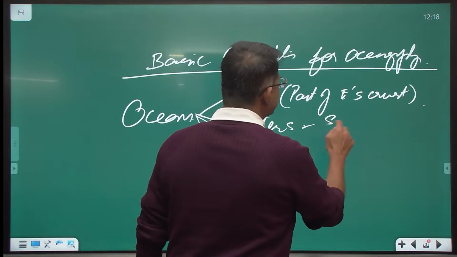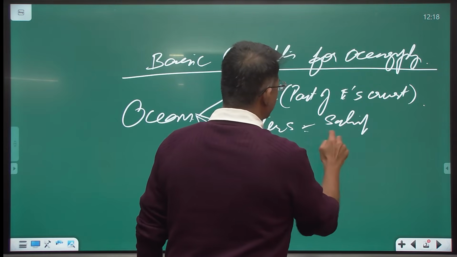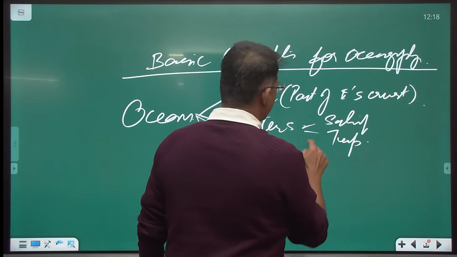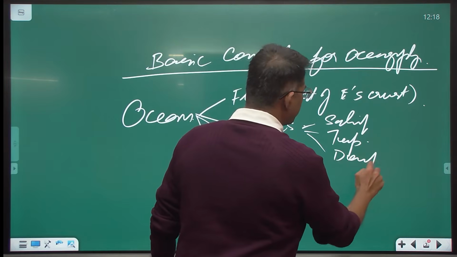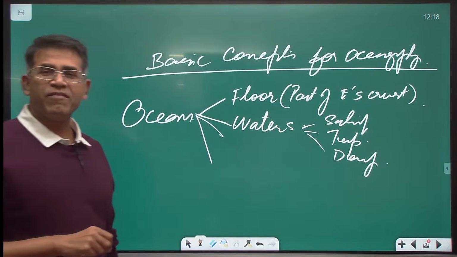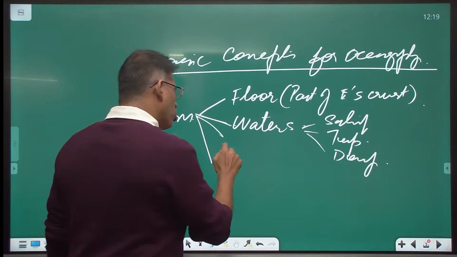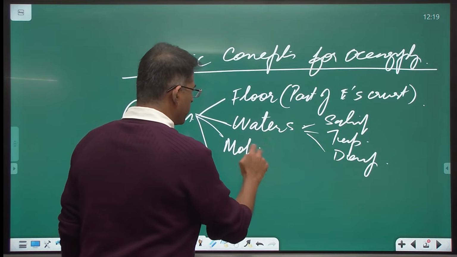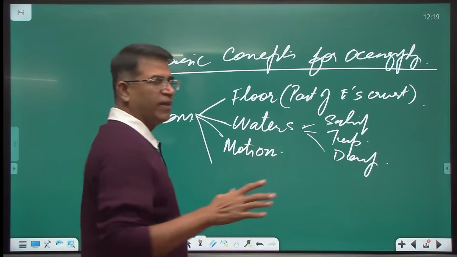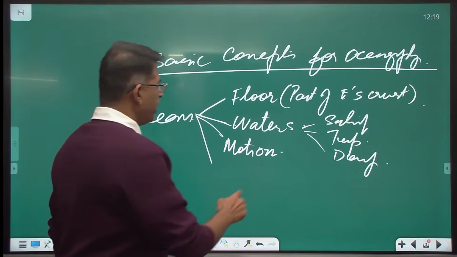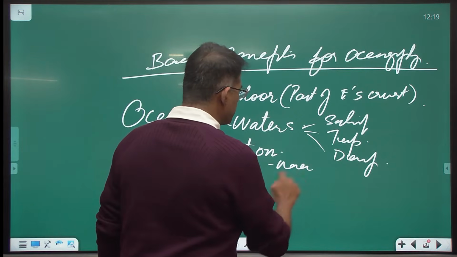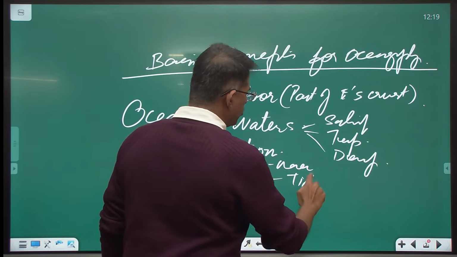Water salinity, water's temperature, water ka density. Okay, then we have certain motions, how the oceans are moving. Okay, we have waves in the oceans, we have tides in the oceans.